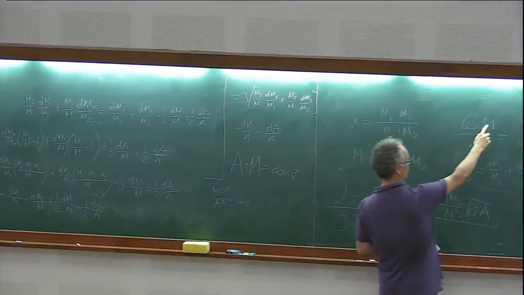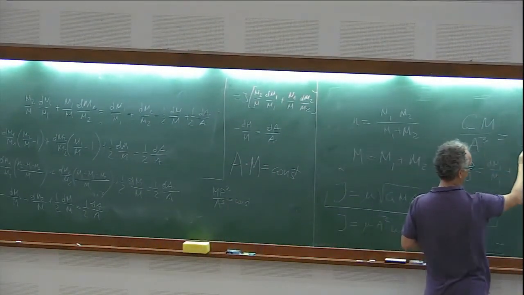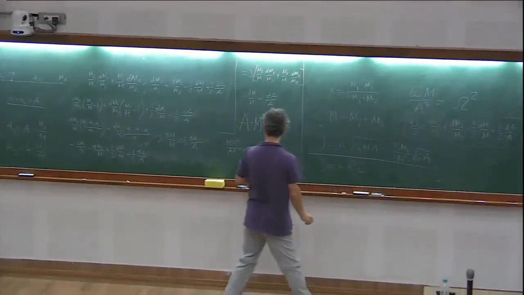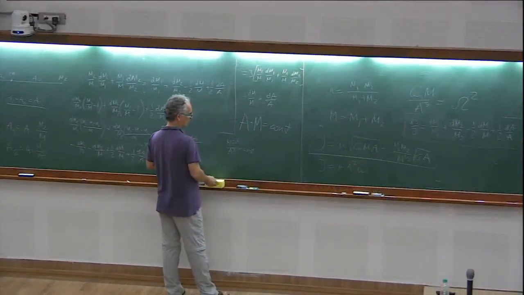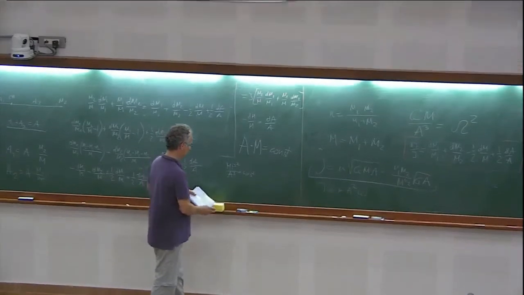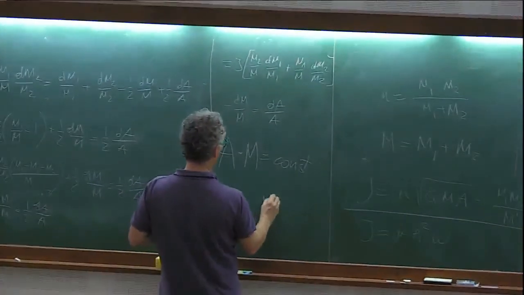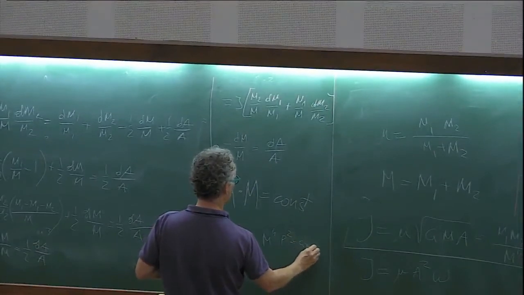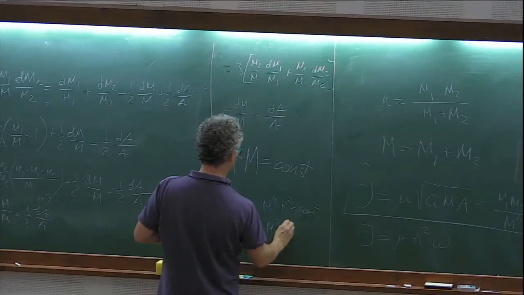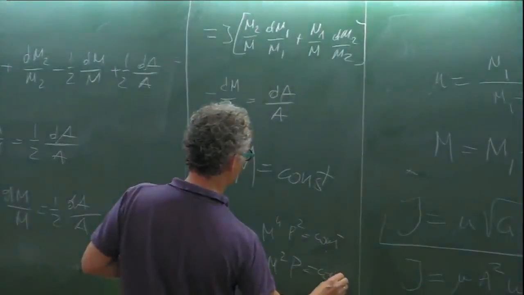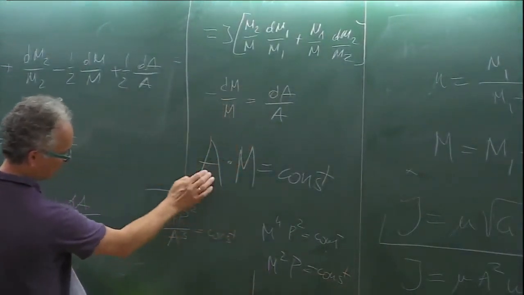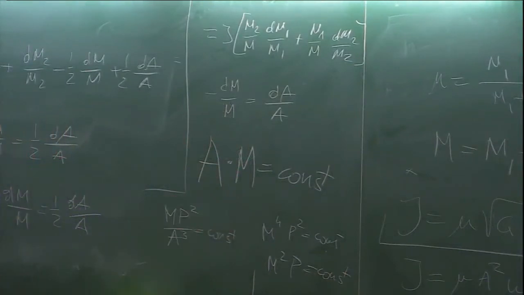Because we have m over a to the third is 2 pi over p. So m p squared over a to the third is constant, and if we know a times m is constant, then from this we have m to the fourth p squared is constant, so m squared p is constant. Yeah? So either this or that, this is equivalent.